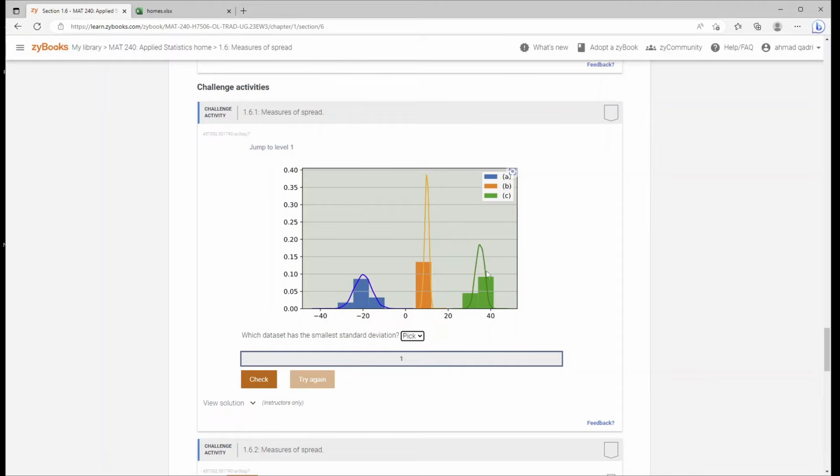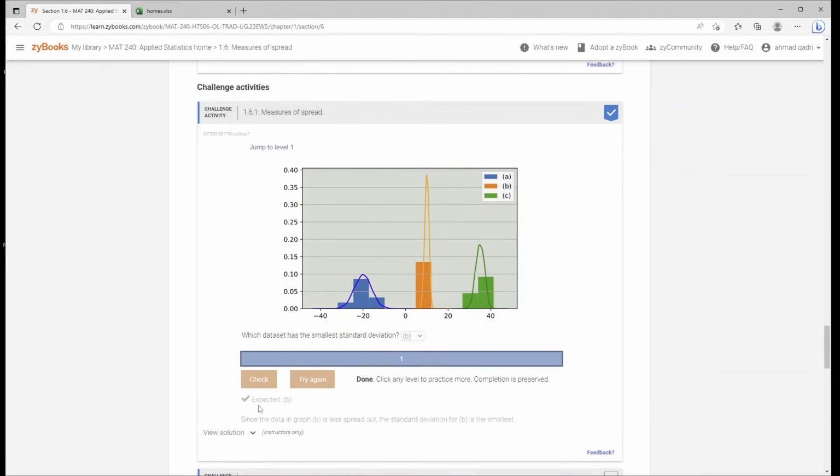This is the second most spread out distribution, and this has the least amount of spread in the data. And so the correct response here is that the smallest standard deviation would be for B.